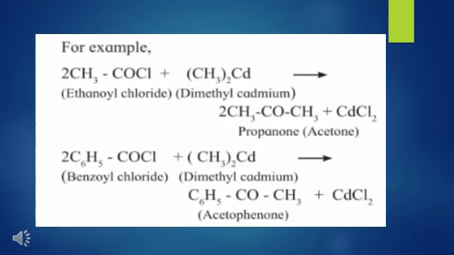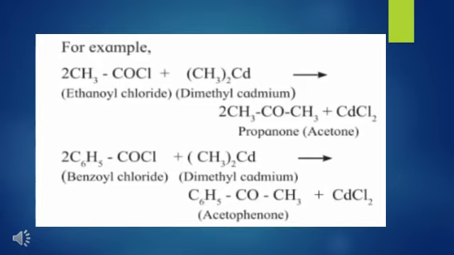Ethanoyl chloride, which is 2 CH3COCl, reacts with dimethyl cadmium. This dimethyl cadmium is from the reaction of Grignard reagent and cadmium chloride.